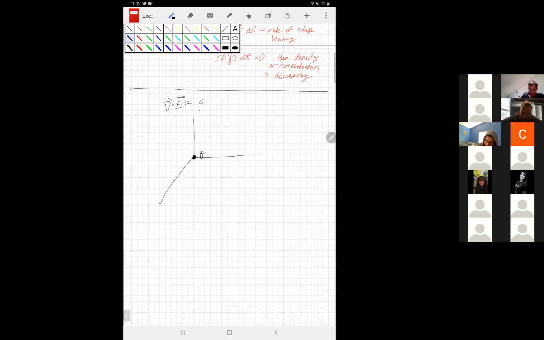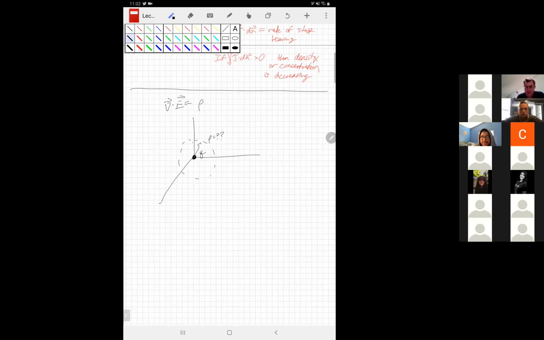If I'm out here, somewhere away from that point charge, what is the density? Not the average density over all space, the density right here. What's the charge density? Don't overthink it. Is there any charge there?